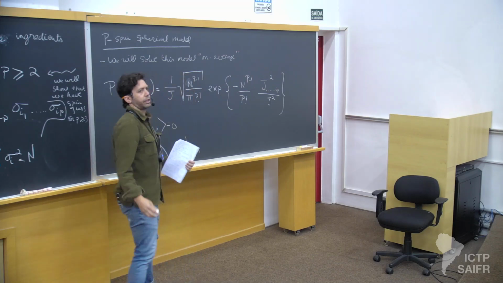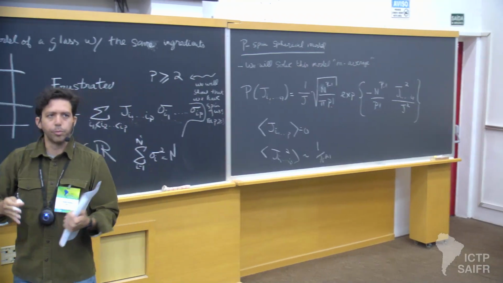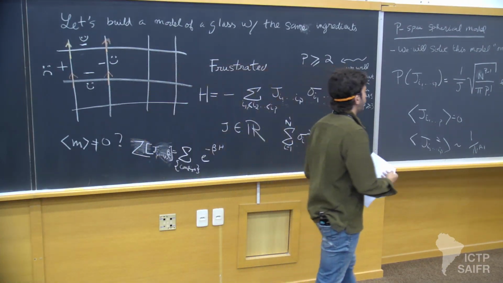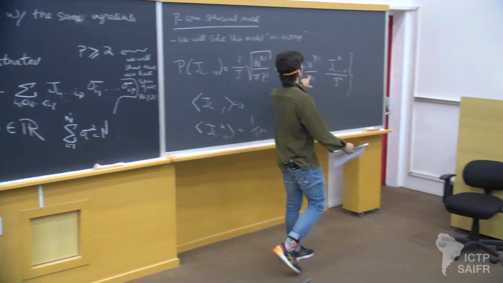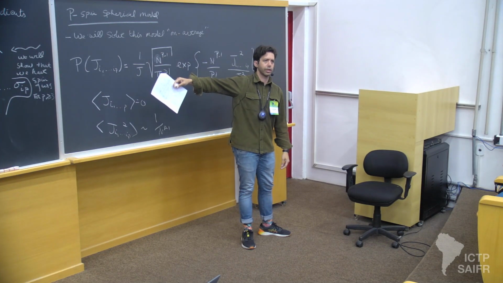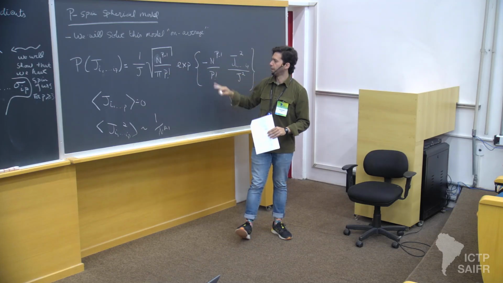So at large N, these couplings are not too big. They're pretty close to each other. And we picked this scaling with N because it's going to allow us to solve this model by saddle point later. We're going to have N out front somewhere.